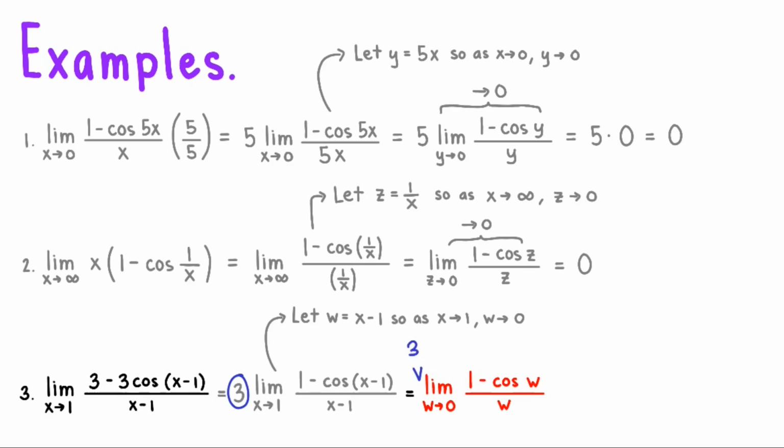But either way, the answer wouldn't change since this limit out here is the same as our special trig limit. And we know that this approaches 0. So even if we have 3 out here, 3 times 0 would just be equal to 0. And so we have found the answer for this problem as 0 is the final answer for this third example.